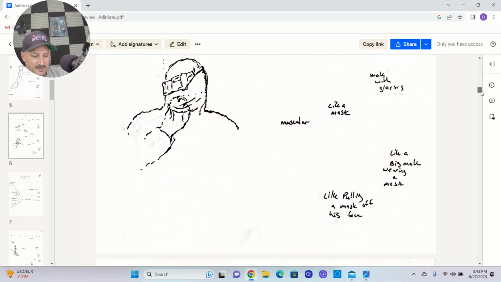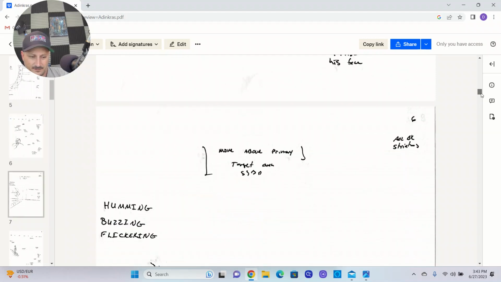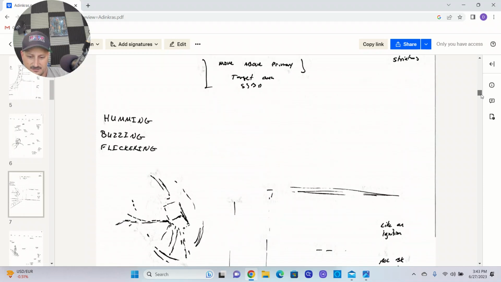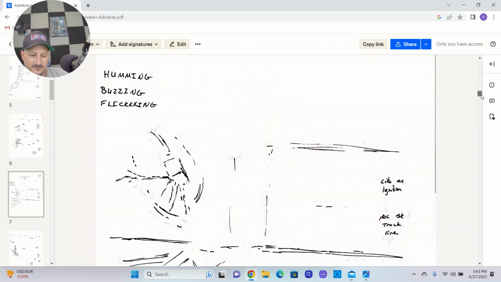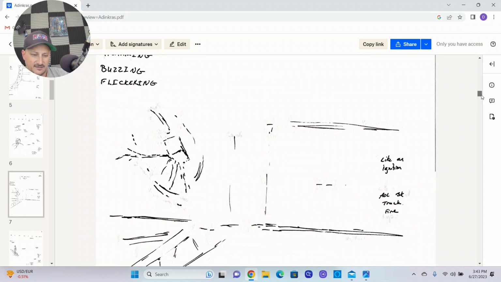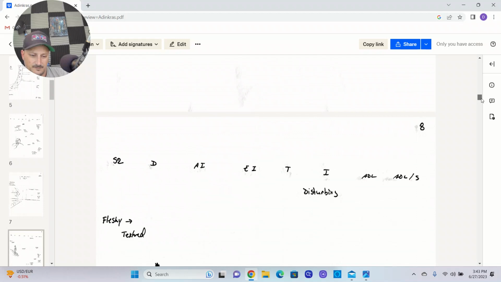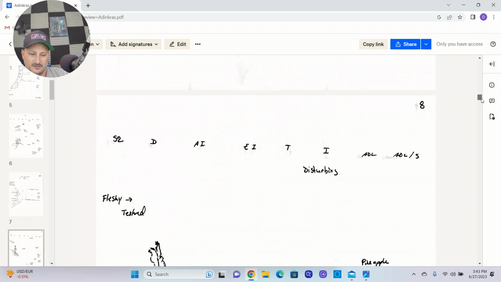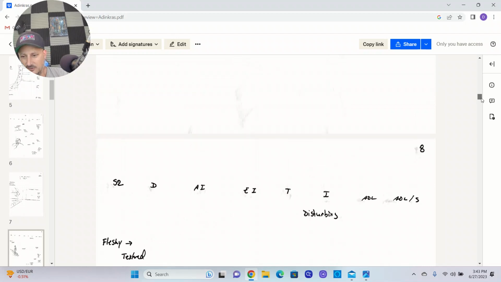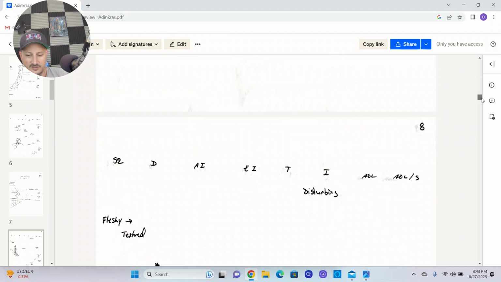Because I get this big male wearing a mask. Okay, so I'm getting a humming, a buzzing, a flickering, like an ignition. This feels disturbing. Something about this function I didn't really like, of whatever this is doing.